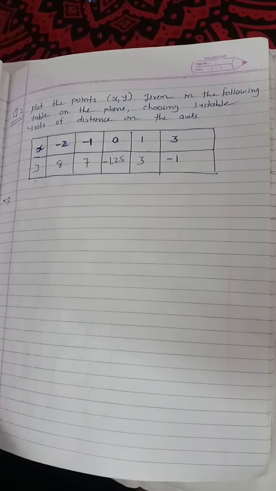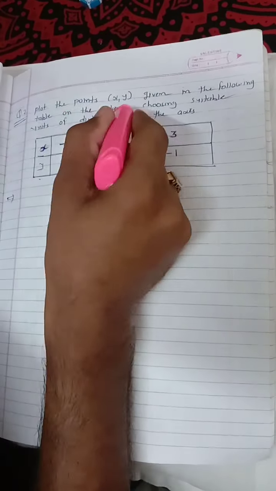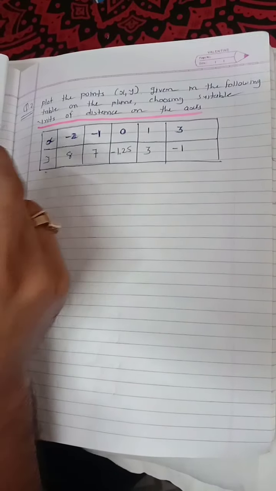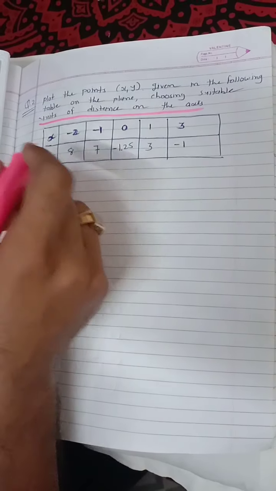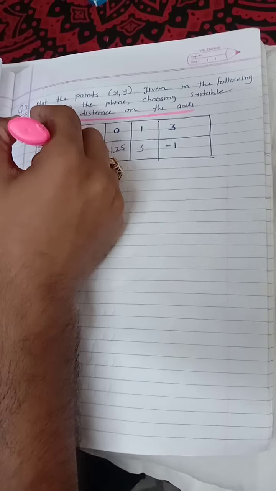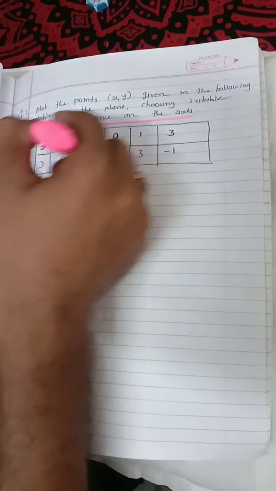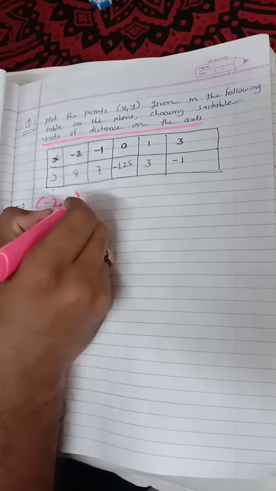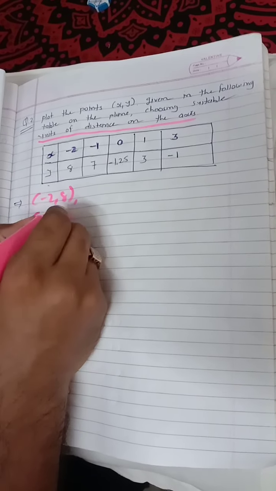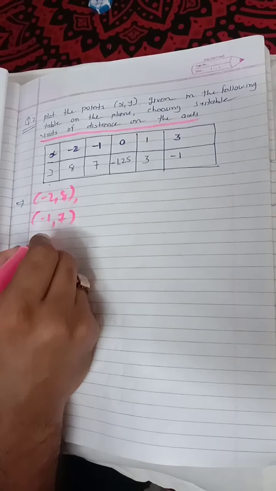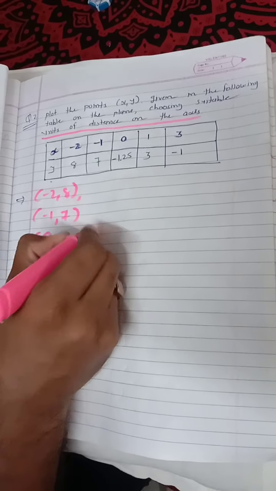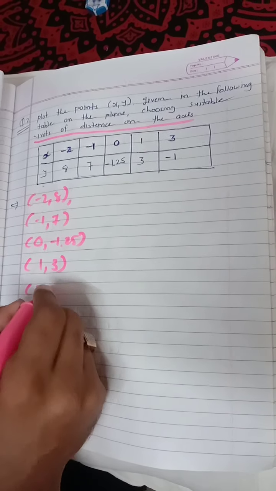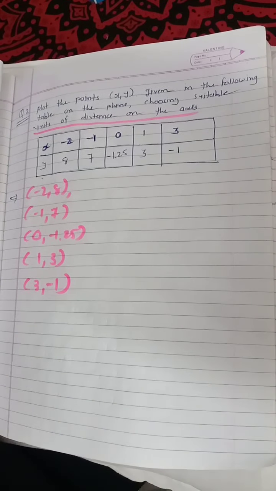Plot the points (x, y) given in the following table on the plane. Choose suitable units of distance on the axes. These are the points (x, y): these are x coordinates, these are y coordinates. First point is what? (-2, 8). Second one (-1, 7). Third one (0, -1.25). Next one (1, 3). And last one (3, -1).